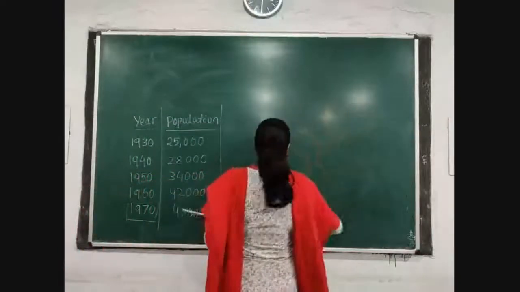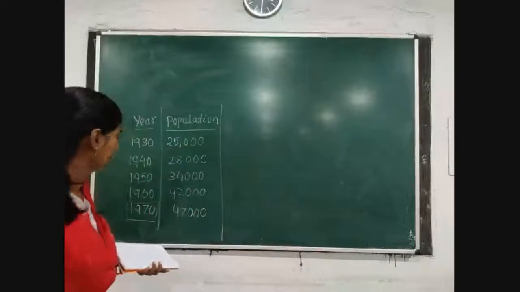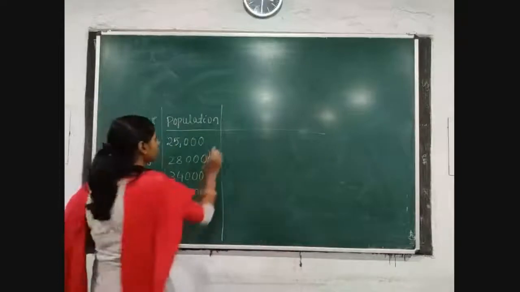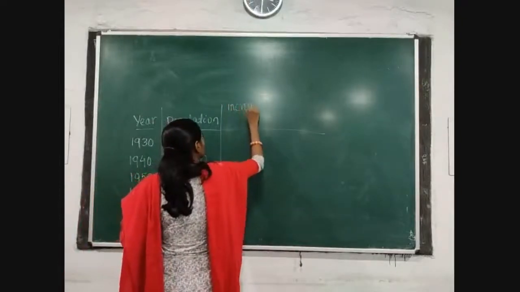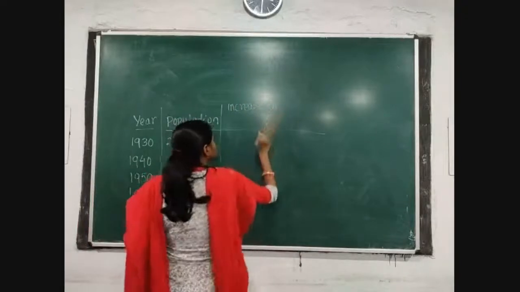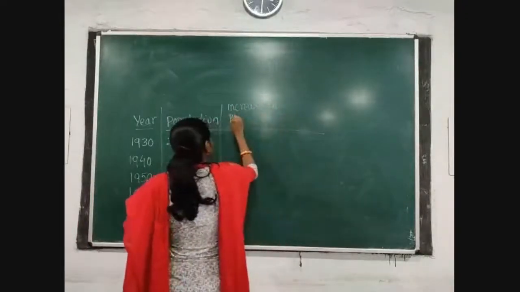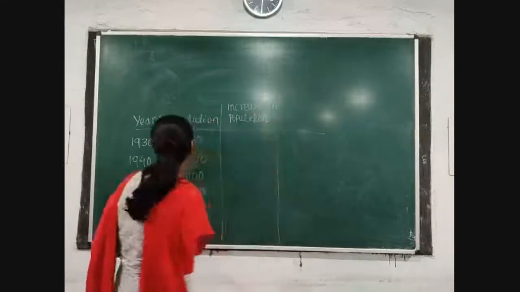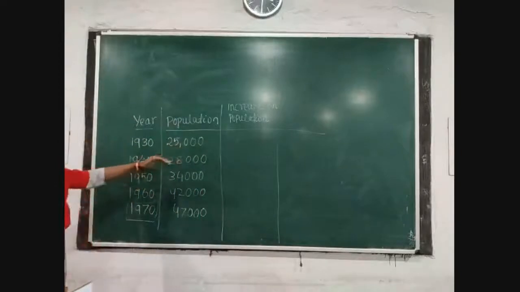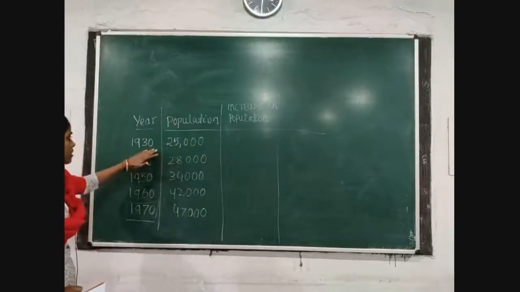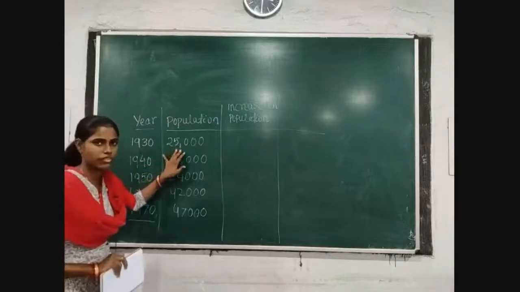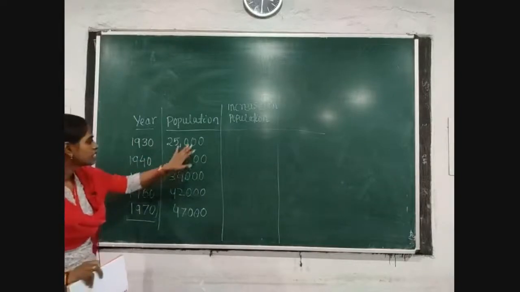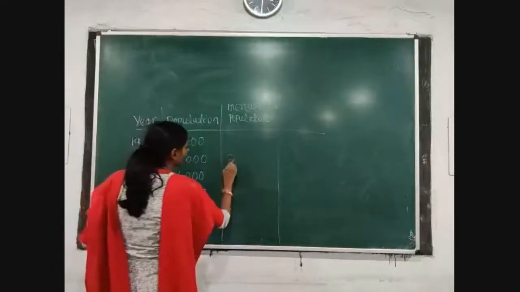As per the method, the first step is to find the increase in population. In 1930 it was 25,000 and in 1940 it was 28,000, so the increase in population is 3,000.